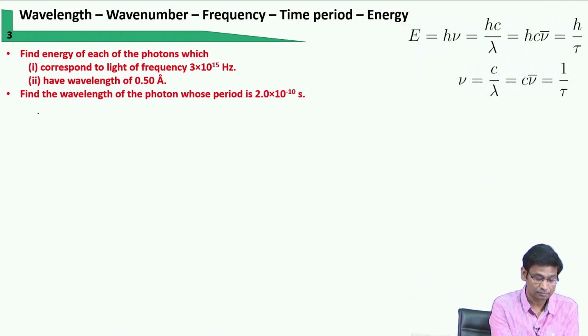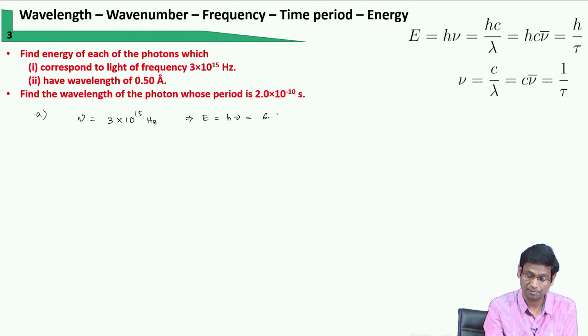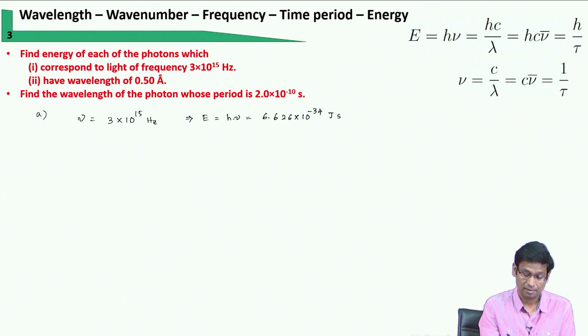The first part says, find the energy of the photon which corresponds to light of frequency 3 into 10 to the power 15 hertz. So, the question gives us nu equals 3 into 10 to the power 15 hertz, which is also second inverse. What is the energy? We know that E is simply h nu, where h is Planck's constant, 6.626 into 10 to the power minus 34 joule second, multiplied by the frequency, 3 into 10 to the power 15 second inverse.